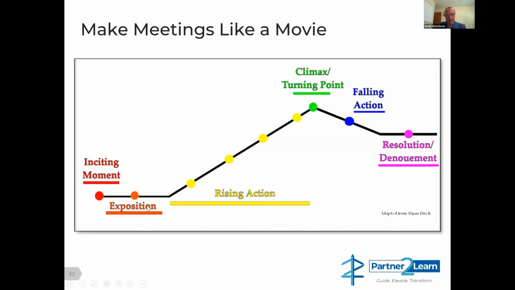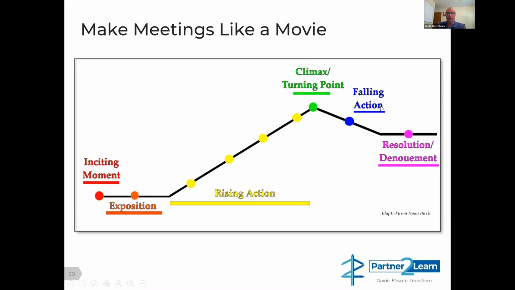They get to the real issue. Then the rising action is the debate about, the discussion about that issue, and sharing ideas, bouncing ideas off, pushing on ideas, aligning it with mission, vision, values to get you to the climax, that turning point. And the climax turning point is where the light bulb clicks and everybody's in general consensus, and you say, yep, this is what we're going to do.